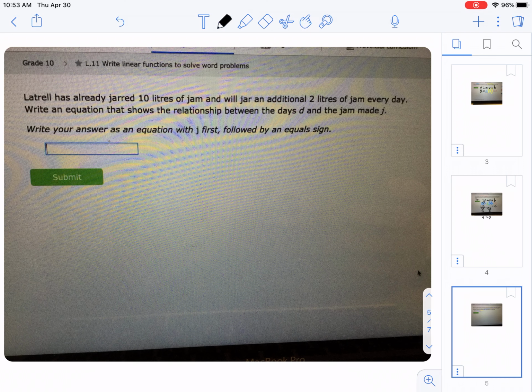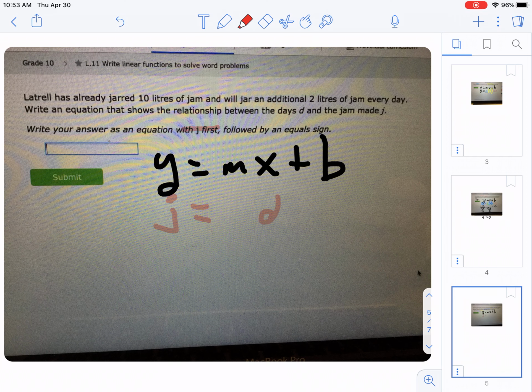Okay, so we know the equation to be y equals mx plus b, but they're asking us to show the J first. So we're going to change y to J. And the number of days would be replacing the x.